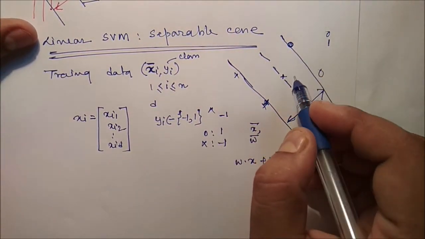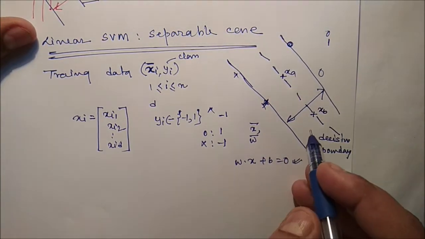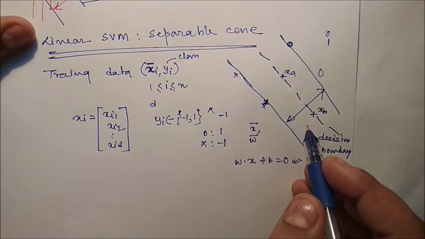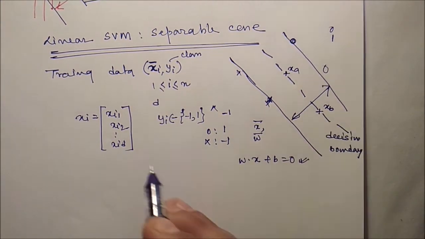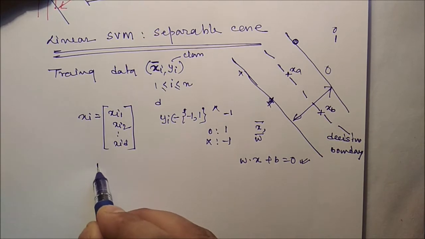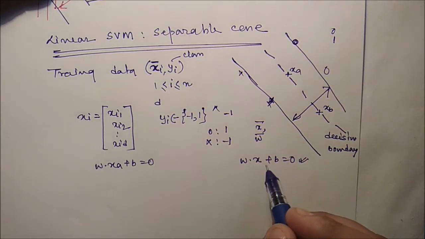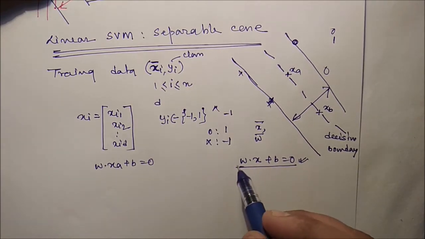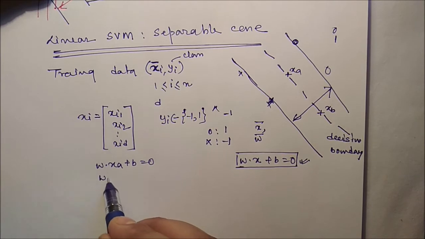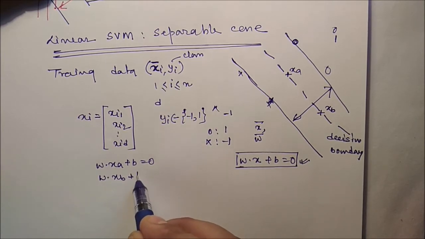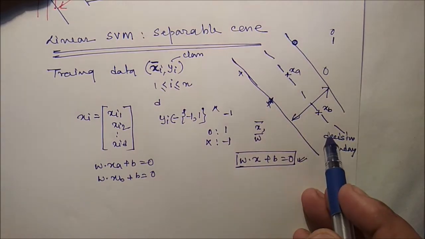Let two data points xa and xb be present on this decision boundary. That means we can write w·xa plus b is equal to 0, which is the equation of the decision boundary, and w·xb plus b is equal to 0, because xa and xb are both on the decision boundary.